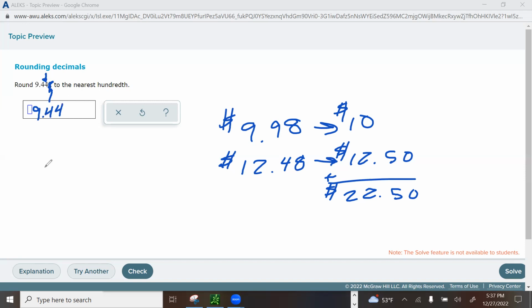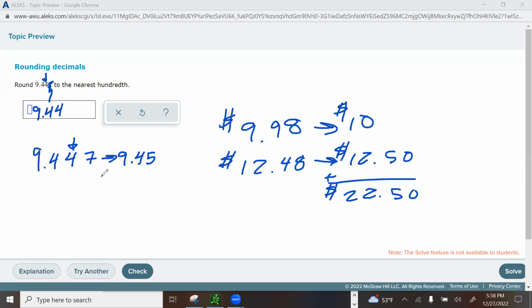Okay. And it'll be 9.44 for my answer. Okay. But what if the original number were 9.447? And I say round off to the nearest hundredth, I'd look at the next number and say, is that 5 or bigger? Yep. So that means when I round this guy off, I'm going to take that digit in the hundredths place and pump it up just a little.